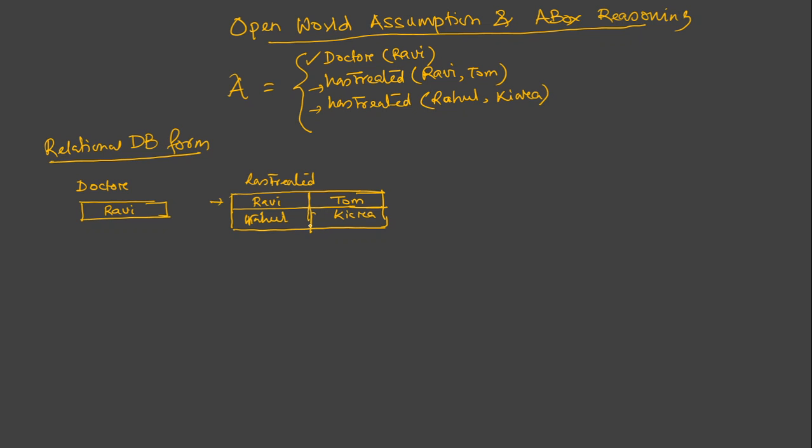Right. Now let us try to query something from this relational database. What are we trying to query? We are trying to find the instances or individuals that have treated at least one thing, right?